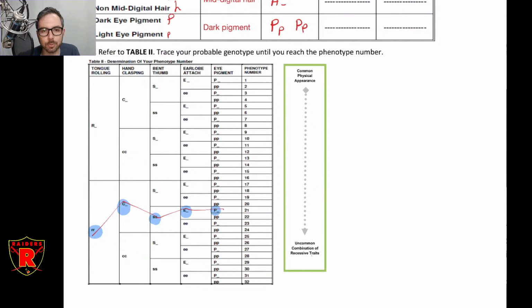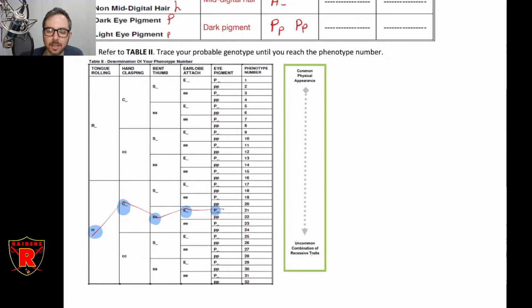And then as you go to the right, each trait is less and less common to have the dominant, that is. And so it's going to change how common your particular phenotype is based on, for example, if you had all recessive here, that would be the least common, the way that these are arranged.